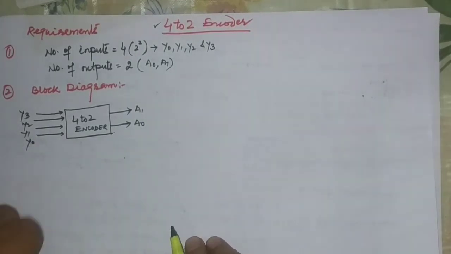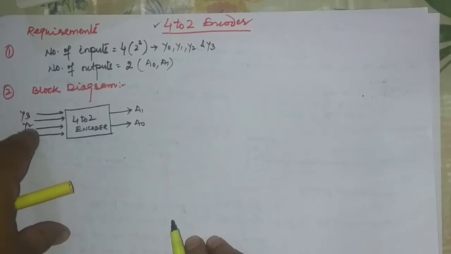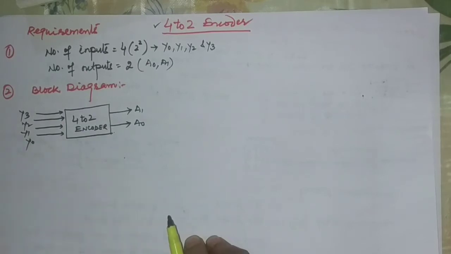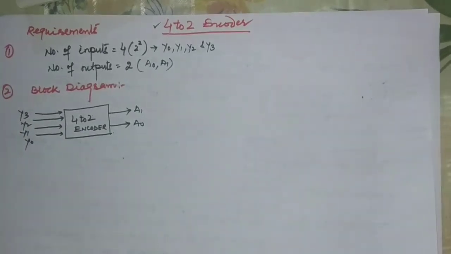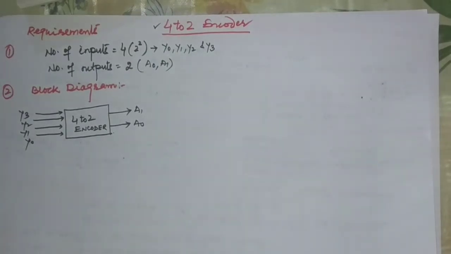The order is your choice. You could either write it as y0, y1, y2, y3, A0, A1. The choice is yours, because this is just naming convention, and there is nothing to remember about it. You can name in any order.